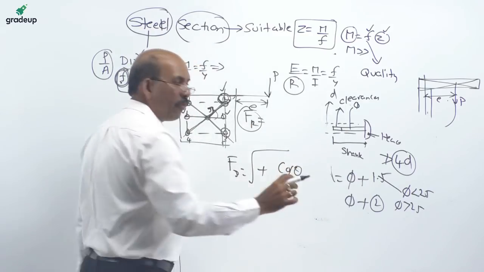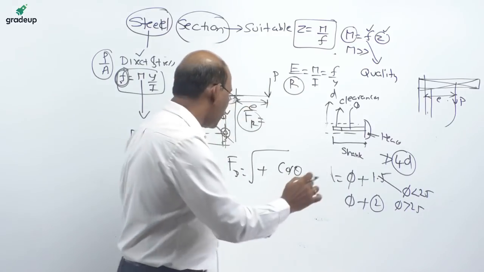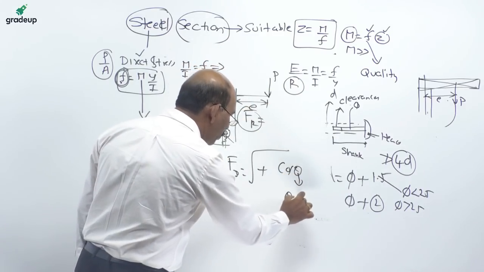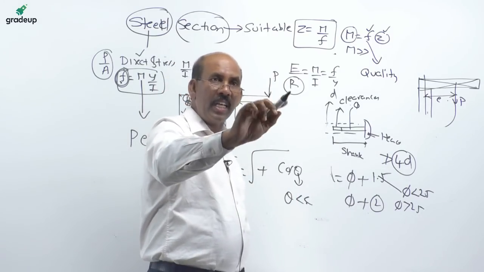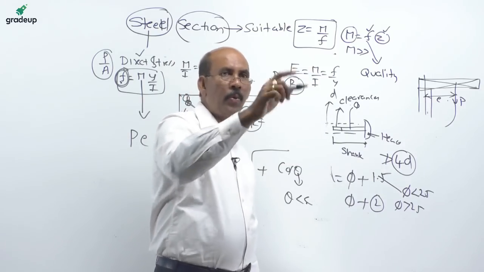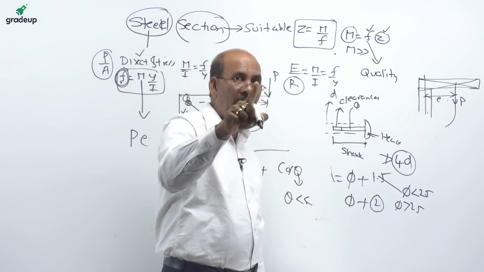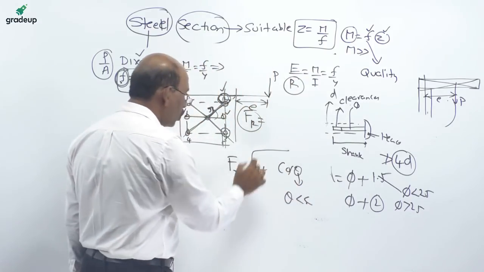It is a function of cos theta. As theta is minimum, cos theta is maximum, and the force will be maximum. So hope you understood, Gnaneshwar Rao. It has nothing to do with the radius, it is with reference to theta.